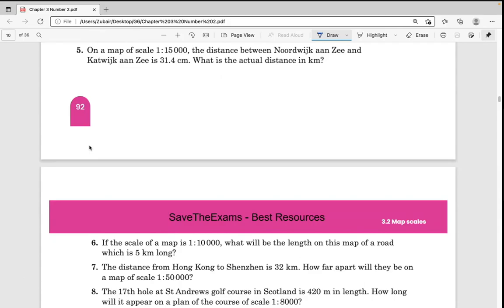Then I'm getting 4.7. On a map with scale of 1 to 15,000, the distance between the two places is 31.4 centimeters.